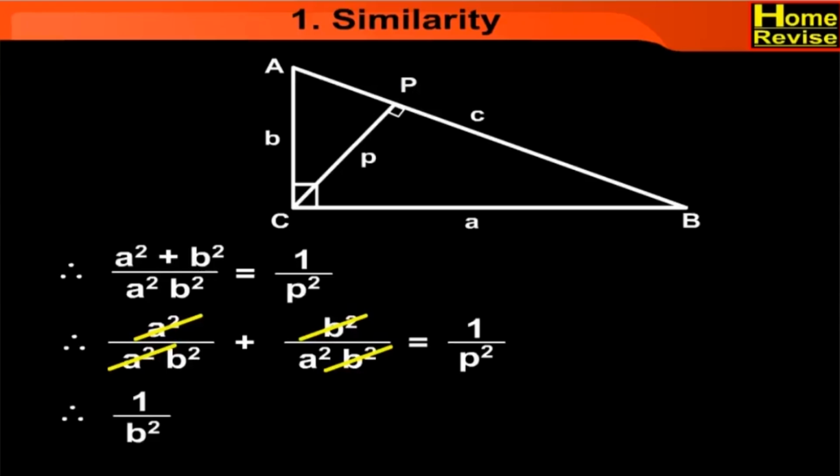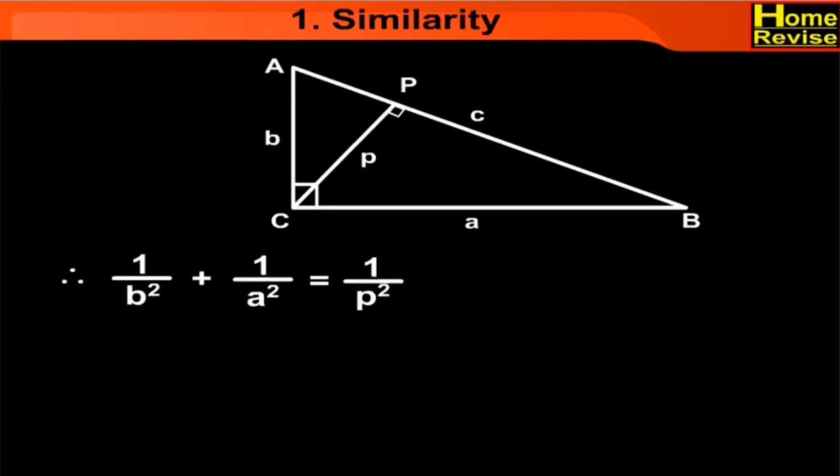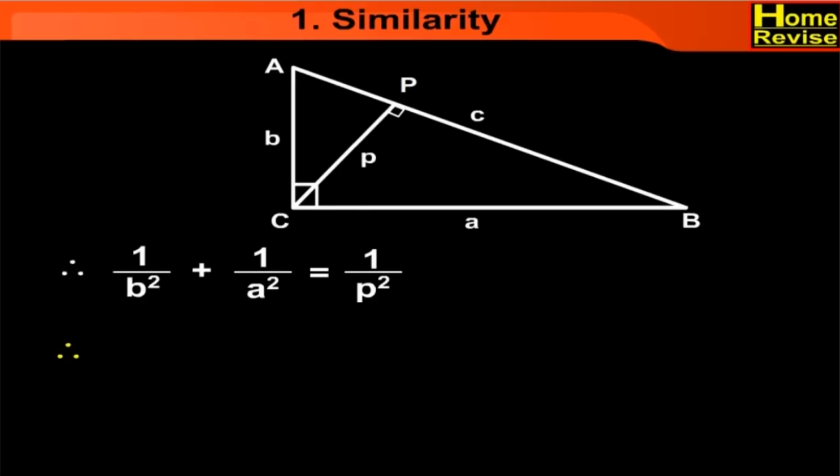Therefore, 1 upon b square plus 1 upon a square is equal to 1 upon p square. Therefore, 1 upon p square is equal to 1 upon a square plus 1 upon b square.